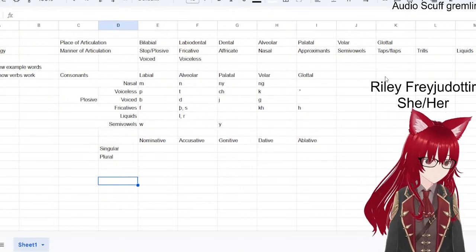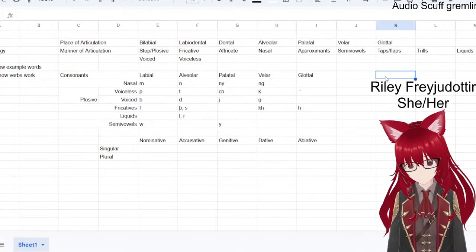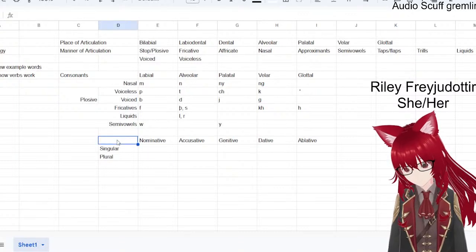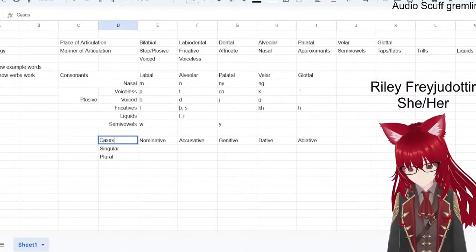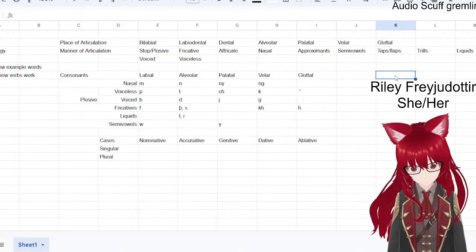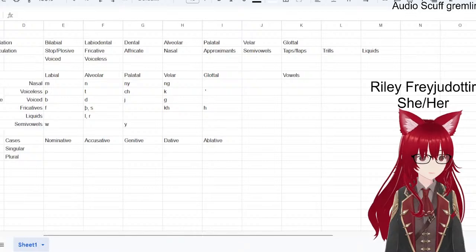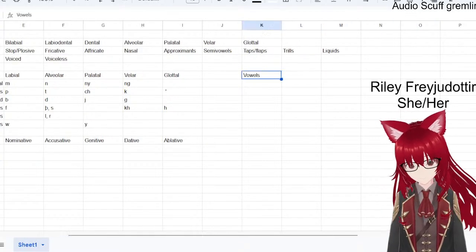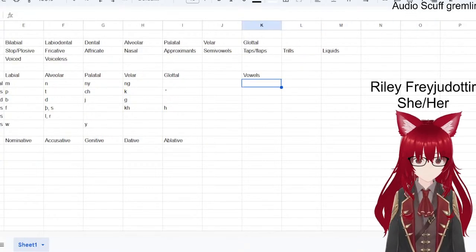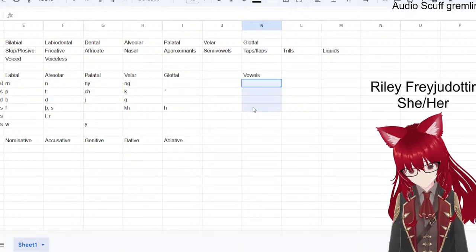Oh no, totally forgot. We need to make our vowels. So vowels exist on two spectrums, right?